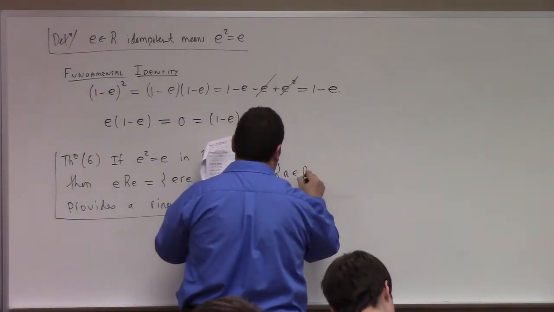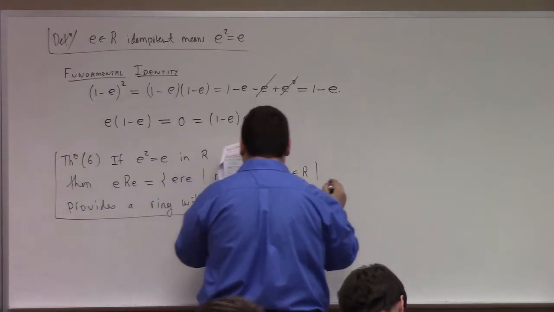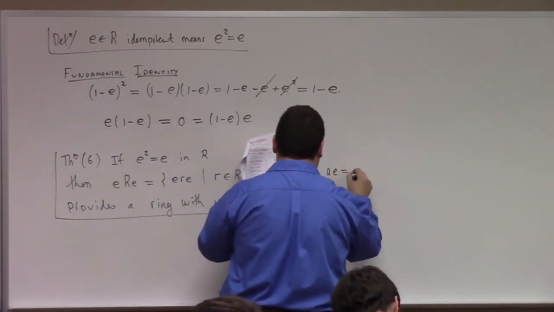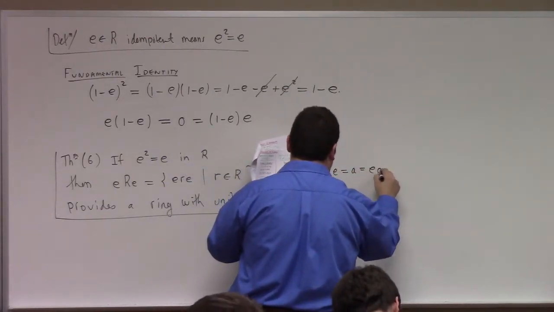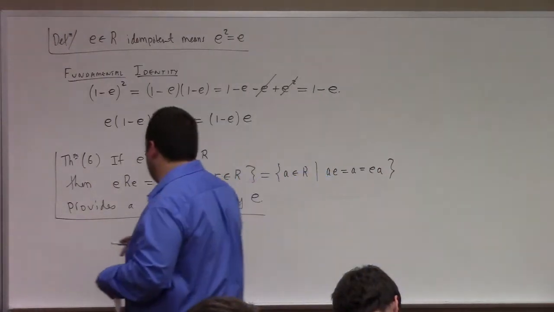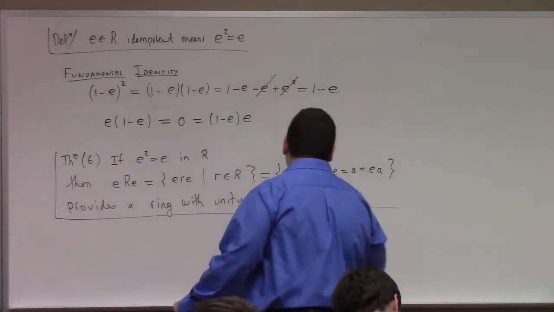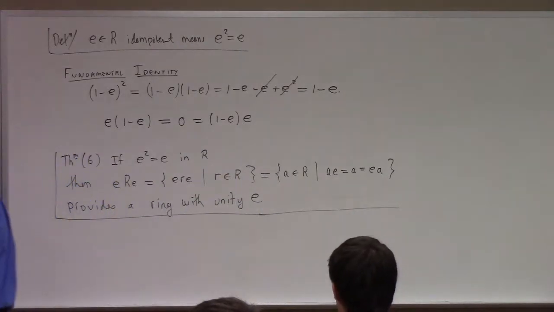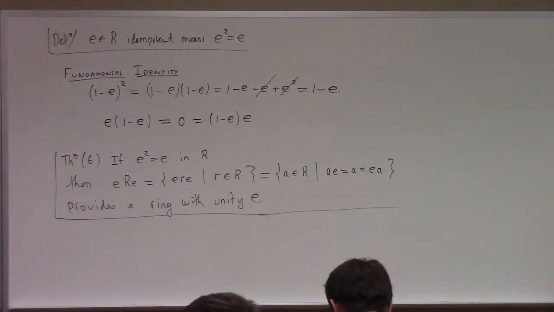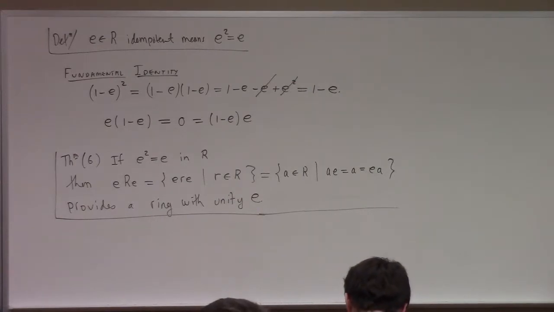So this is A in the ring, which are commuting with E. We saw this last class. Actually, an example of this was the Z6 with 3 times Z6.